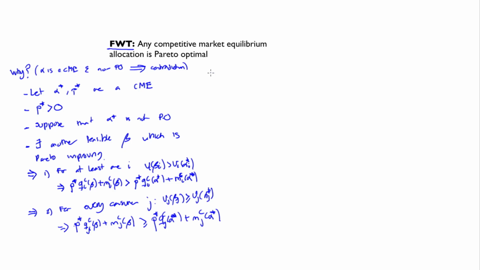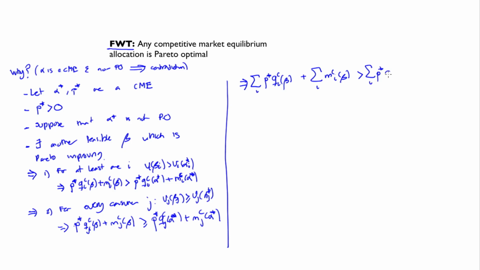Now, I'm going to continue the proof here. This together implies, adding across consumers, that the sum over I of P star QCI of beta plus the sum over I of MCI of beta has to be strictly greater than the sum over I of P star QCI at the market allocation plus the sum over I of MCI at the market allocation.